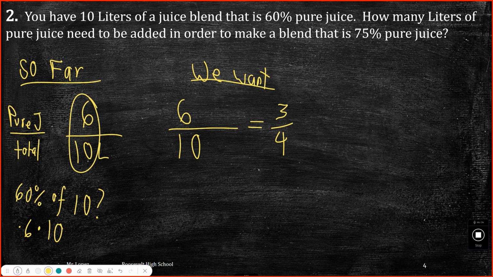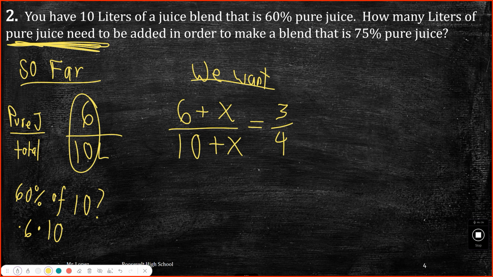What are we going to add? Pure juice, yes? Whatever amount of pure juice we add, the total amount that we add is pure juice, yes or no? The bottom is the same as the top, yes?